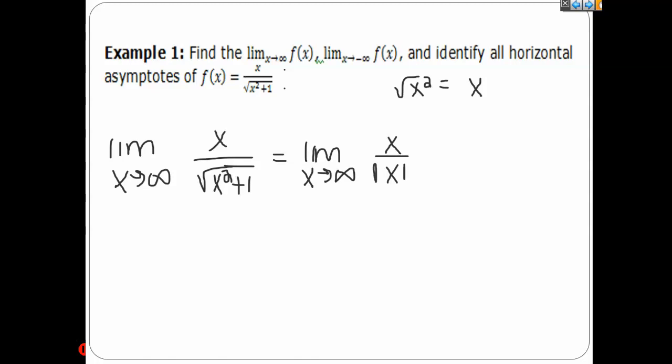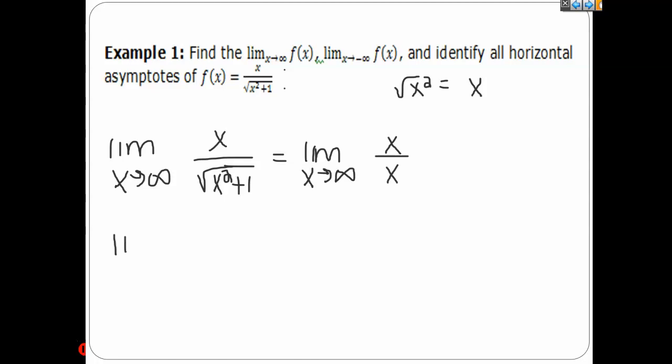And what do you know about the absolute value of x? Yeah, it's positive, negative, right? To the left, it's negative. To the right, it's positive. So if we're looking as x goes to infinity, we're going to use the positive x.